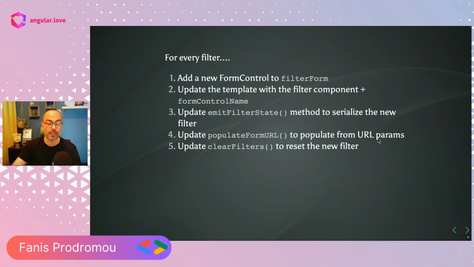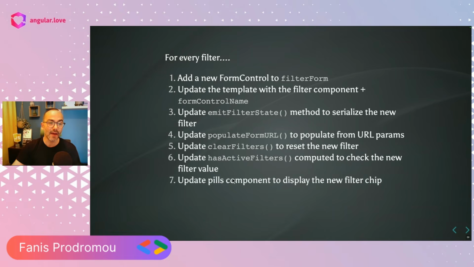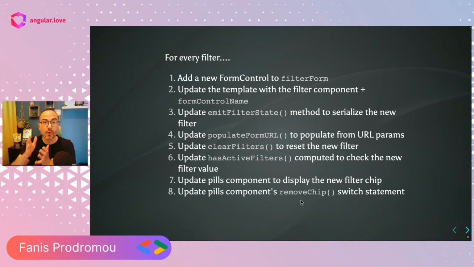We don't have to forget that. We have to update the has active filters computed to know that, oh, you know what, I have a new filter and I have to update this kind of functionality. I have to update the pills component to display the new filter chip. I know it's a bit of a big list. And I also have to update the pills component again to have the functionality on what should happen when we are removing the chip. Okay.